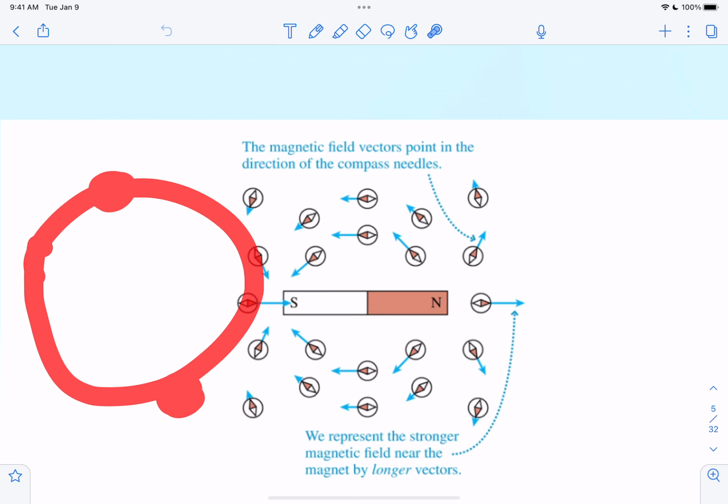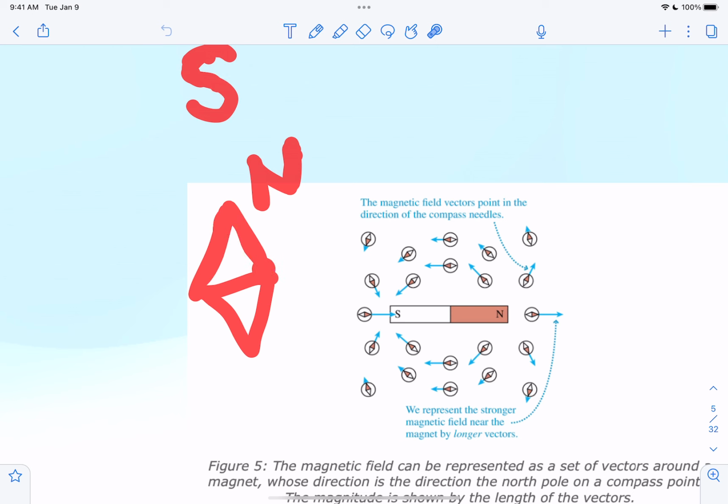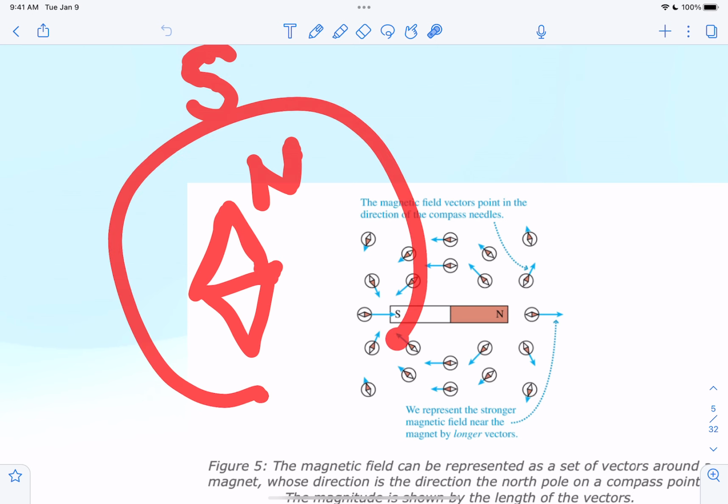So if I have a north direction here on my compass, it's going to be attracted to a southern magnetic pole. If I'm trying to get this north to point in the direction north, then I have to know that the north direction on Earth is actually a southern pole with respect to the magnetic field. Does that make sense so far?